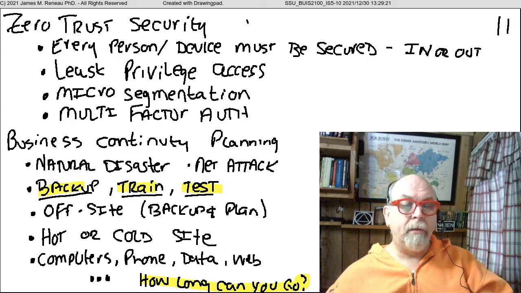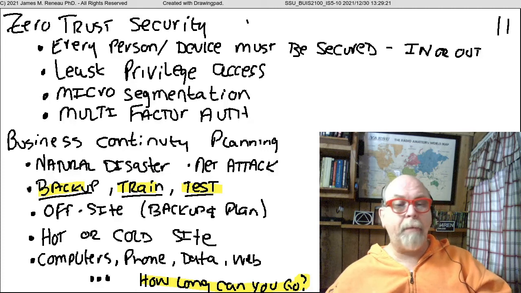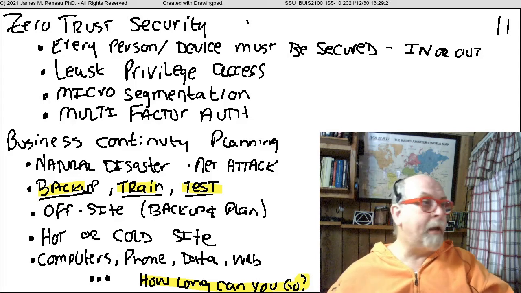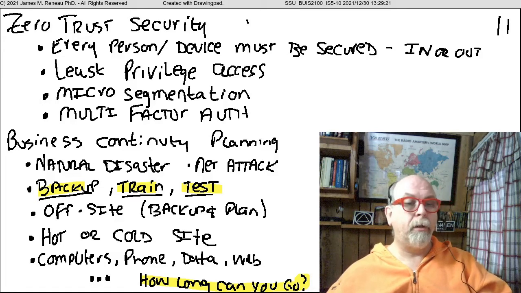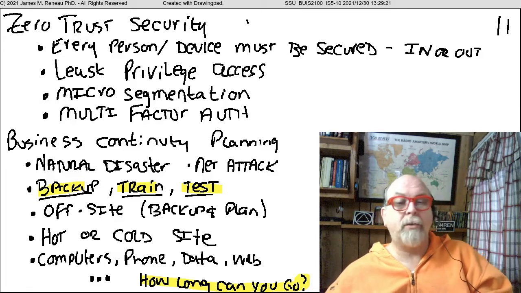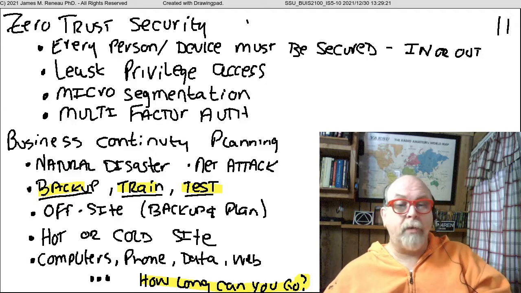Train for business continuity. Train your network people, your cyber people, even some of your end users how to deal with the company if we were to have a natural disaster or a huge network attack. Test. Run mock drills and make sure you can do it. Make sure your plan really works.